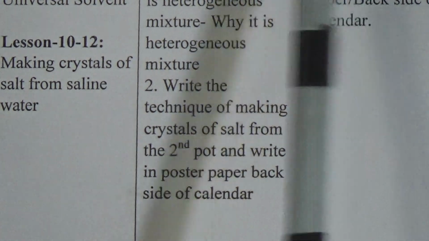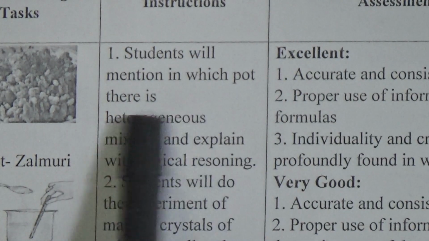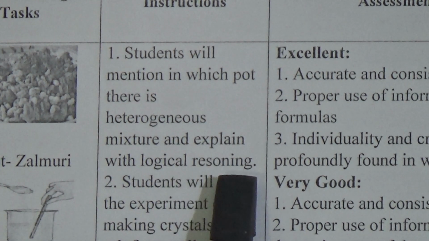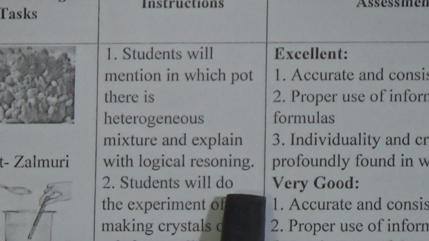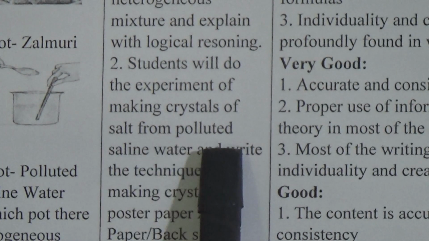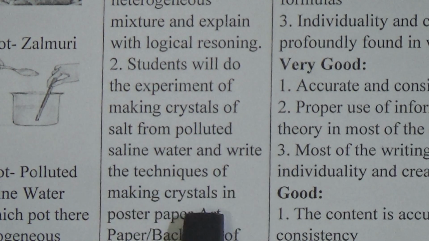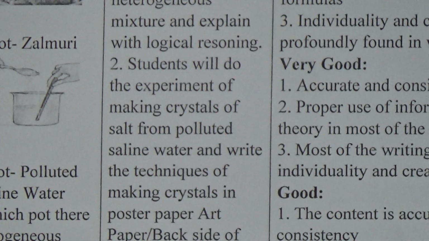Now instruction number 1, students will mention in which pot there is heterogeneous mixture and explain with logical reasoning. Number 2, students will do the experiment on making crystals of salt from polluted saline water and write the techniques of making crystals in poster paper or art paper or on the backside of the calendar.